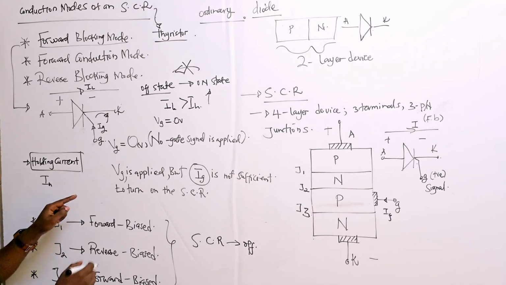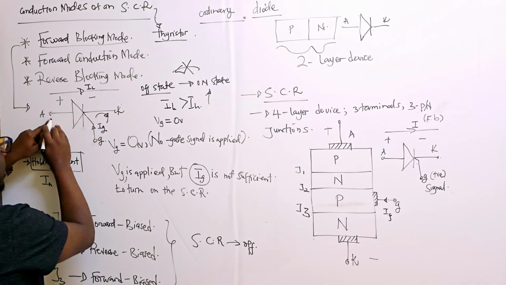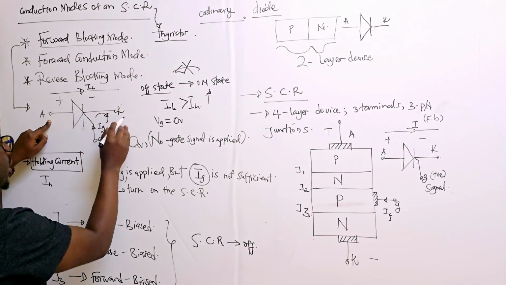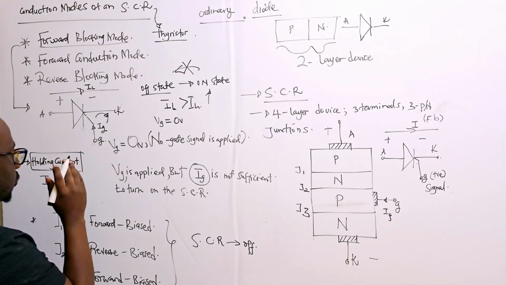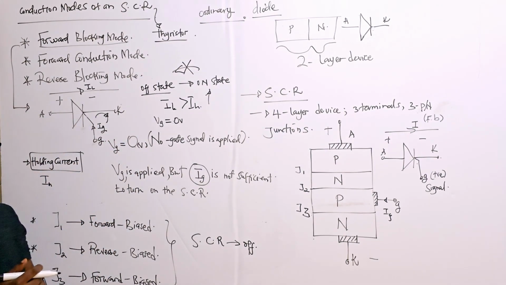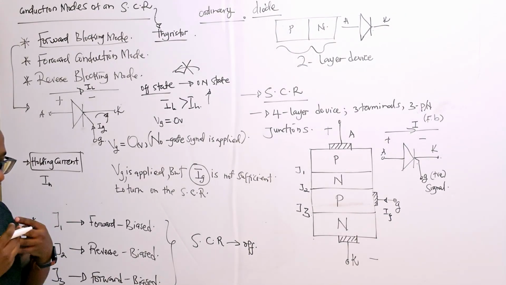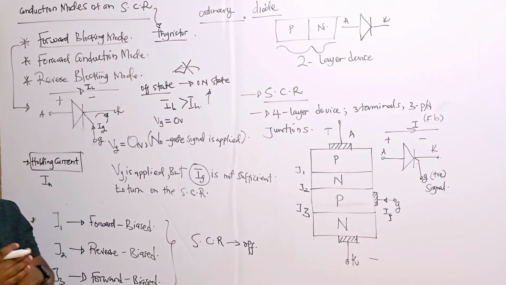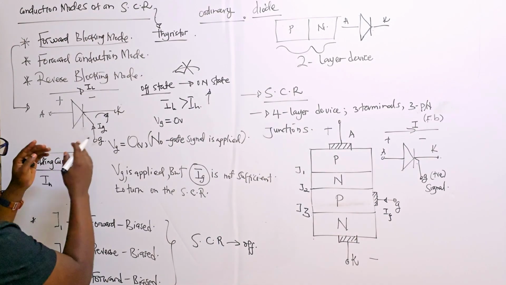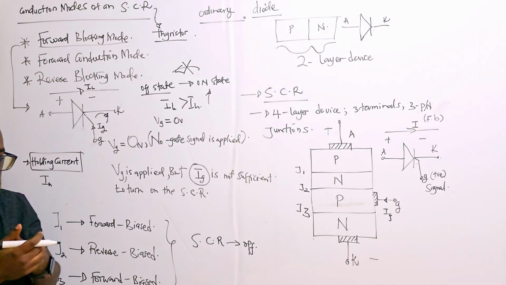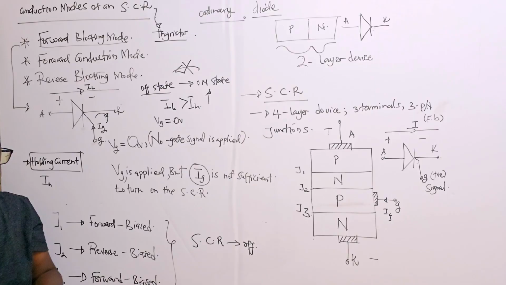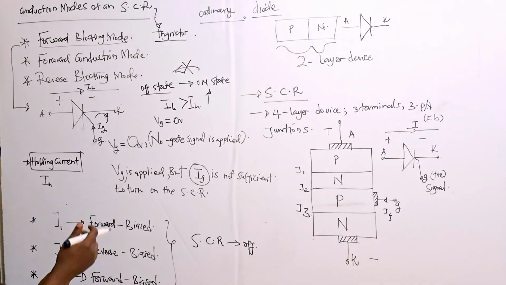There is another way whereby we apply a very large voltage between anode and cathode without even using the gate to turn it on, but we have to do that very fast. That is possible for very fast rising voltages. We will look at triggering methods in more detail later on.